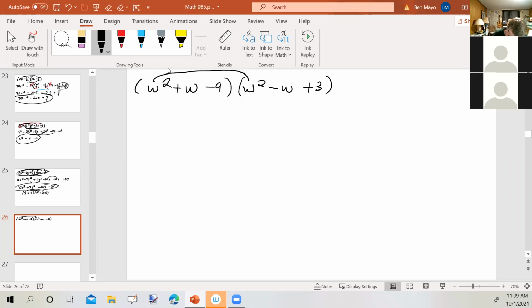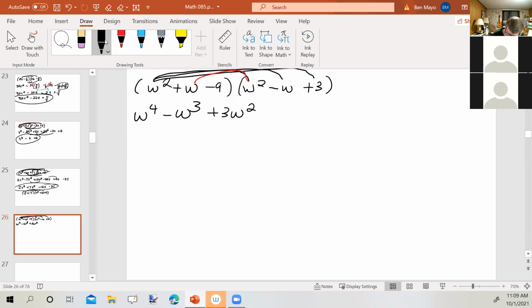W squared times W squared is W to the 4th power. W squared times minus W is minus W cubed. W squared times 3 is 3W squared. So let's move to the next set.